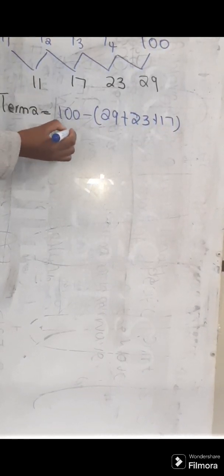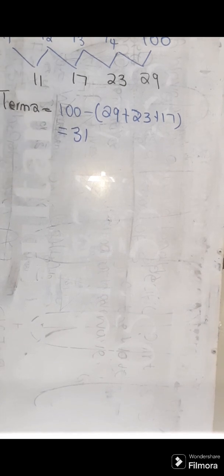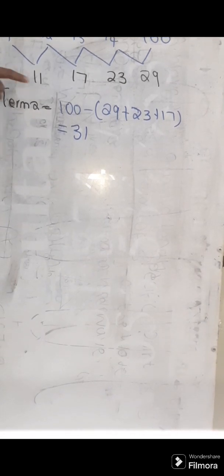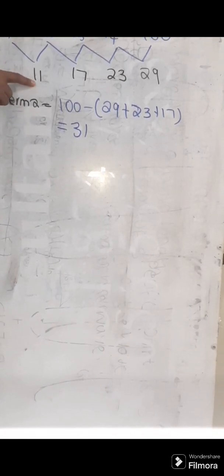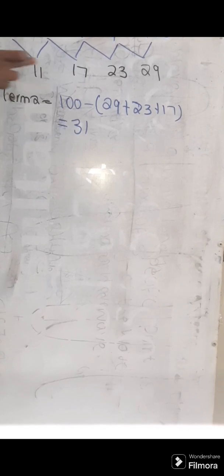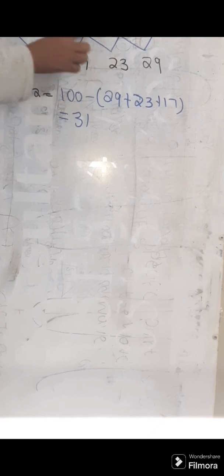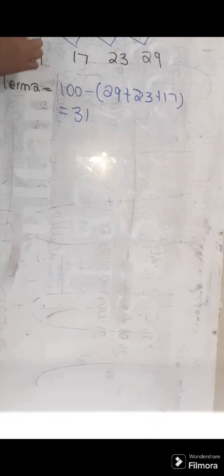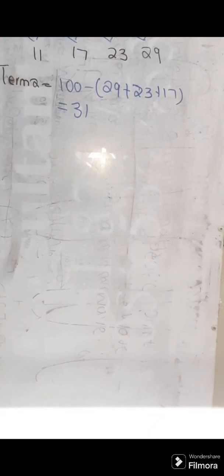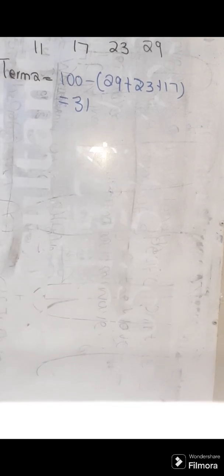So that will be 31. We're not including this because when we minus this one, we'll be getting term 1. So this 100 minus this is this, minus this is this, minus this is this. Or you can just do it in this manner that I have done it.